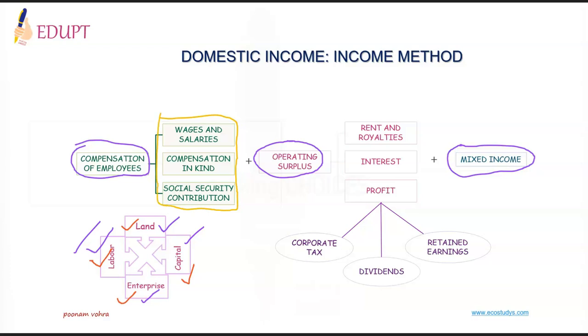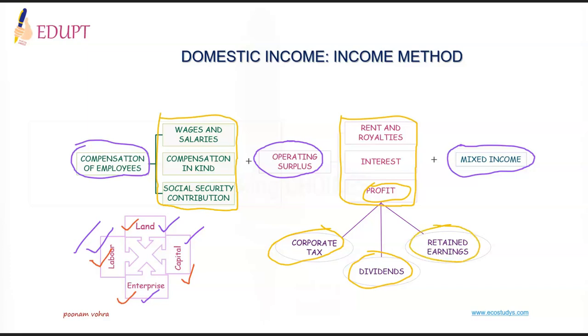Operating surplus comprises of rent included royalties, interest included imputed rent and profits, whereas profits are further categorized as corporate tax, that is tax on profits to be paid by the corporates, dividends paid to the shareholders, and retained earnings which the companies maintain with themselves.